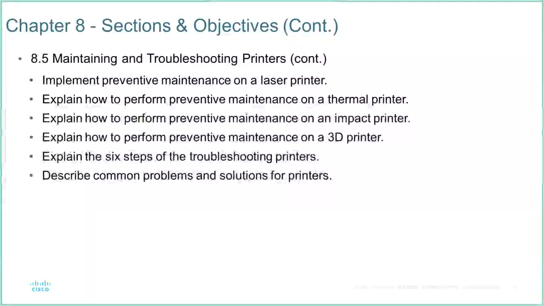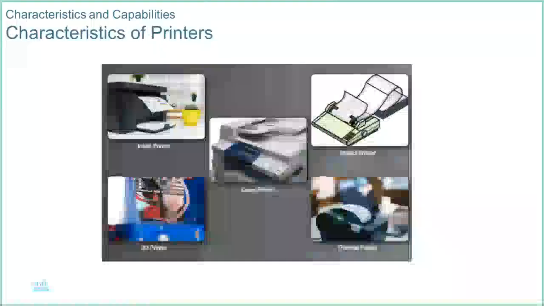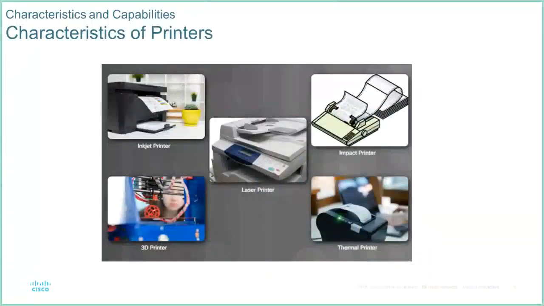So basically each type of printer will have a slightly different maintenance method, but your basic troubleshooting steps are going to be the same regardless of the printer, because if you follow the 6-step process, it works on anything and everything. So as long as we step through that, again, we'll be fine.